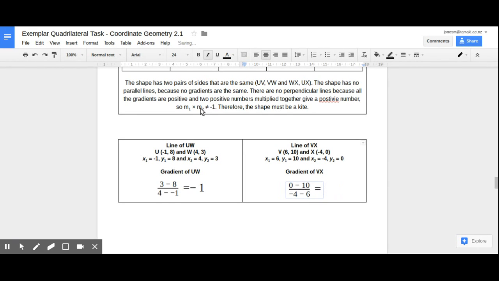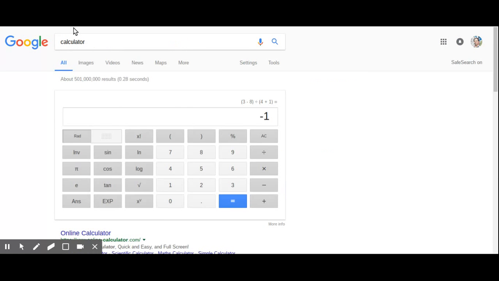Alright, so putting it in the calculator, remembering the brackets, 0 minus 10 divided by -4 minus 6. Our answer gives us 1. Okay, so we have 1 and -1.